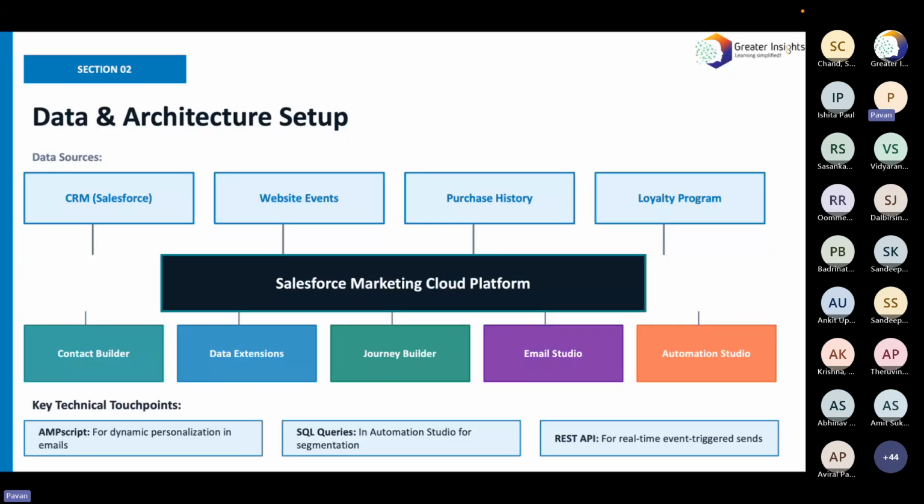Now, there is also the REST API. We know what an application programming interface is. There are two kinds of APIs, SOAP and REST, right? In the REST APIs, these are real-time events. Now, what do you mean by real-time triggered sends, right? Immediately after you make a purchase, you receive an email, right?